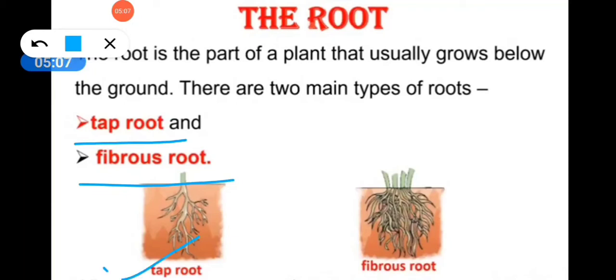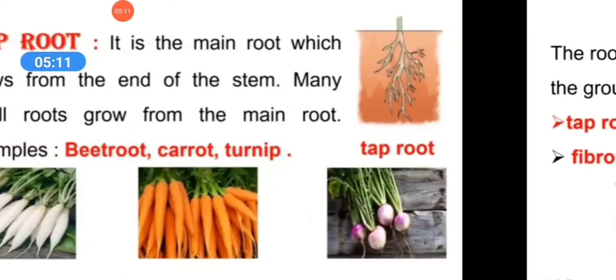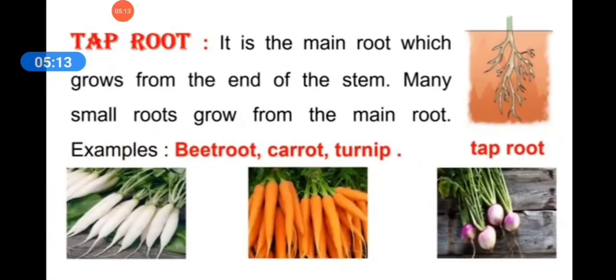Taproot is the main root which grows from the end of the stem. Many small roots grow from the main root. Examples: beetroot, carrot, turnip, etc.